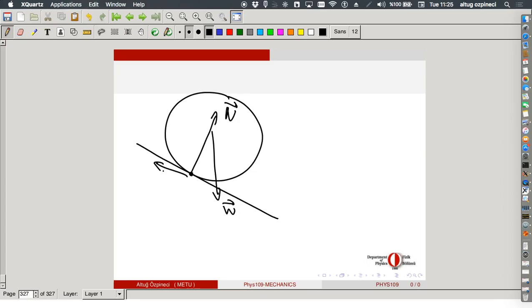If it was slipping, if it was rotating in this sense, and if I just let it go on the ground, then the friction force would be in that direction. If it was going the other way, if I just throw it like this, the friction force would have been in this direction. So I don't really know which direction the friction force will be.